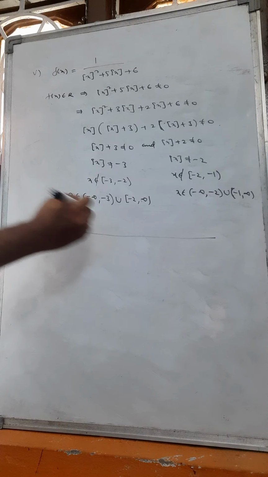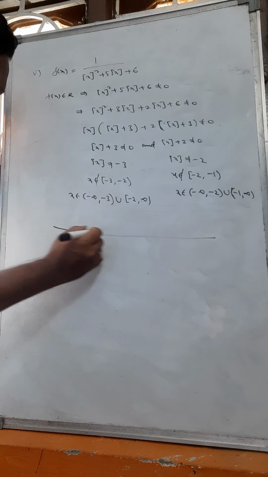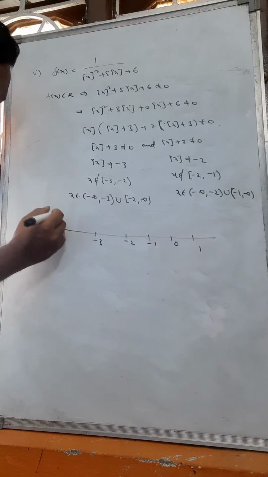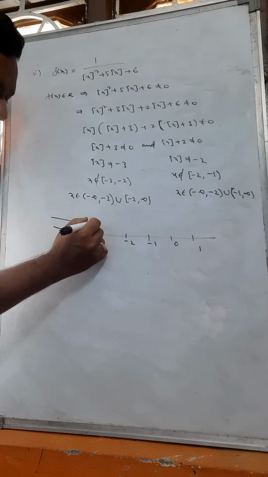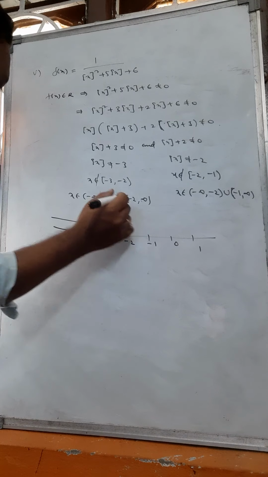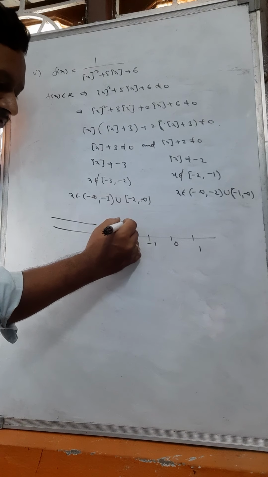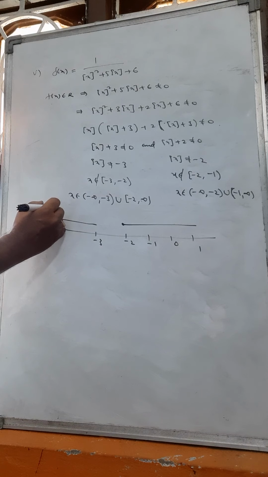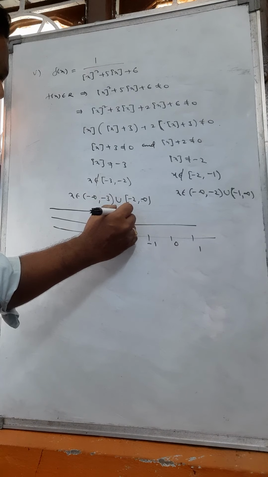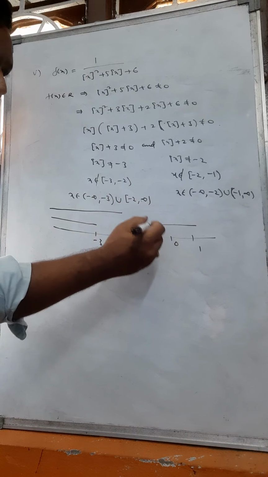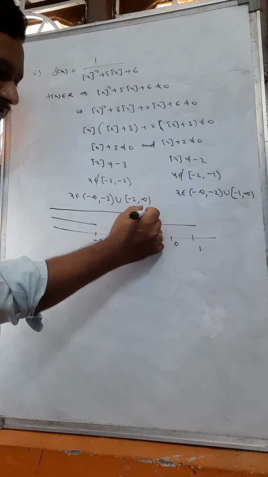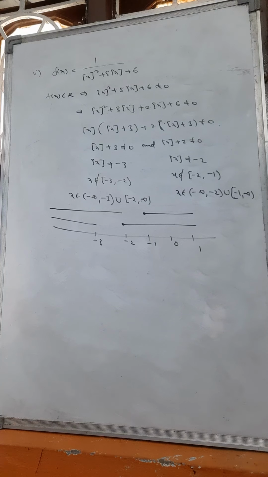From minus infinity to minus 3, minus 3 not included. Here minus 2 included, from minus 2 to infinity. It is minus infinity to minus 2 and closed interval minus 1 to infinity, minus 1 included. So here minus 3 is not included.